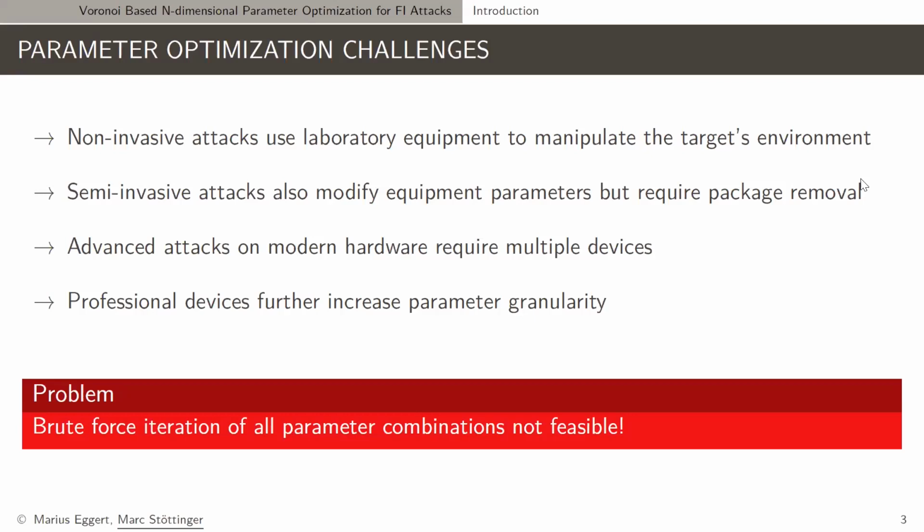For example, with laser fault injection, you would have the position, the strength of the laser beam, and the duration. So these are just 4 parameters, so to say. And this can increase if you take more parameters into consideration or do a second order attack. Therefore, you cannot go through all the parameters because it takes too much time.